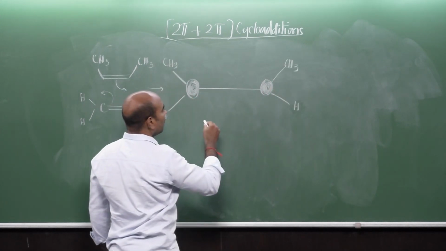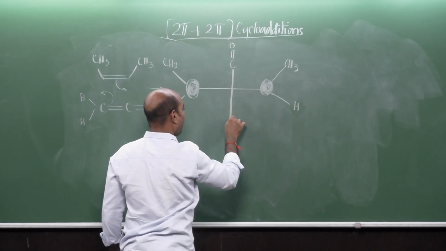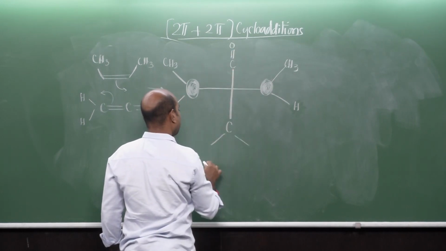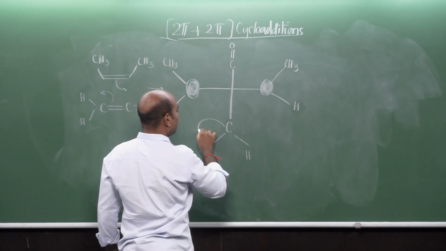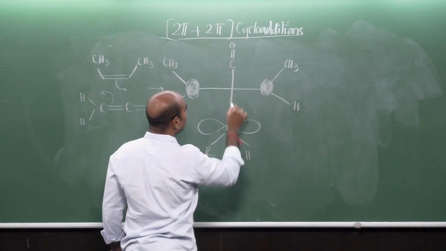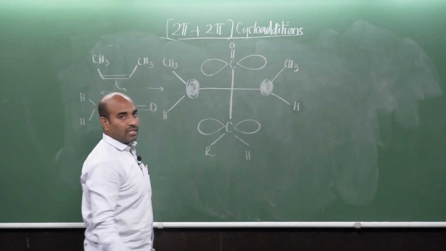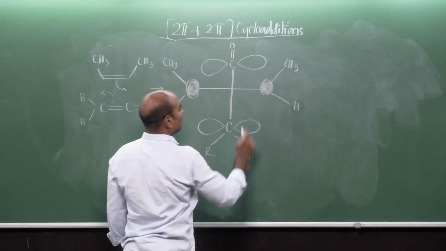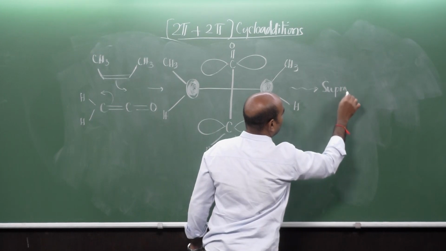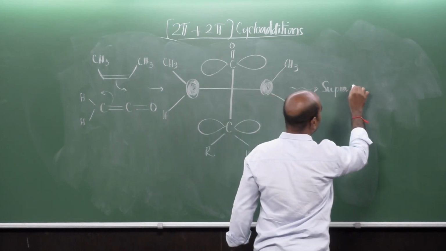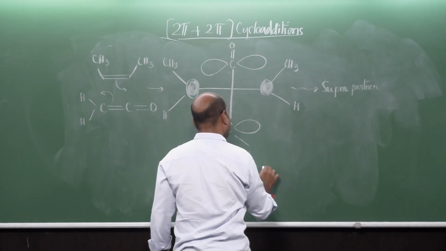So, the ketene will arrange such that C double bond O, C, R group and hydrogen are perpendicular to the plane of the olefin, which is suprafacial. So, this olefin is the supra partner, whereas the ketene is the antara partner.